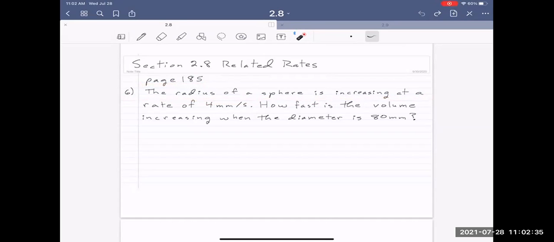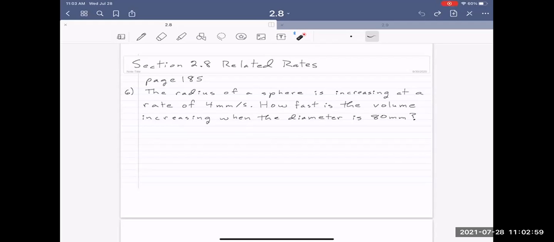The radius of a sphere is increasing at a rate of 4 millimeters per second. How fast is the volume increasing when the diameter is 40 millimeters?